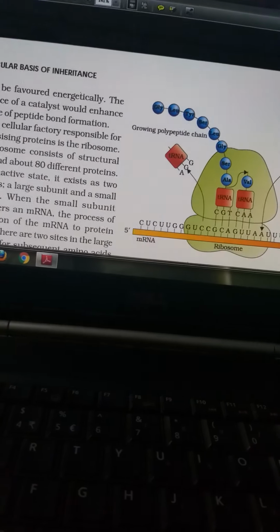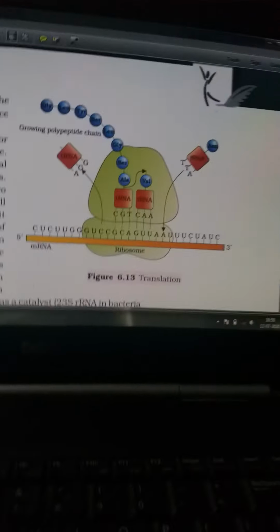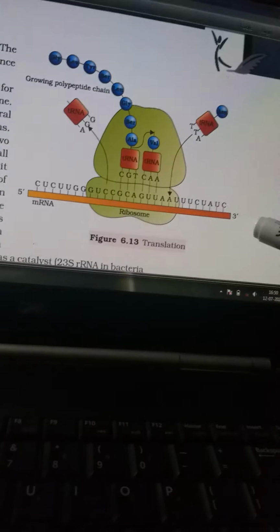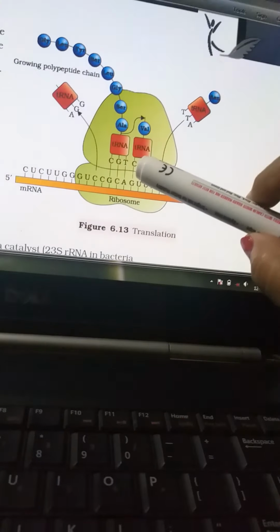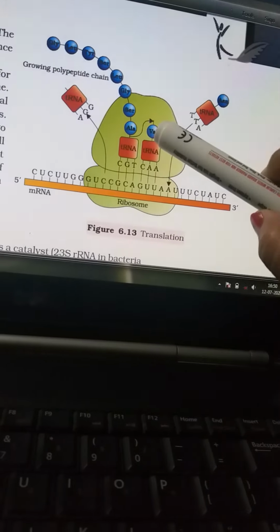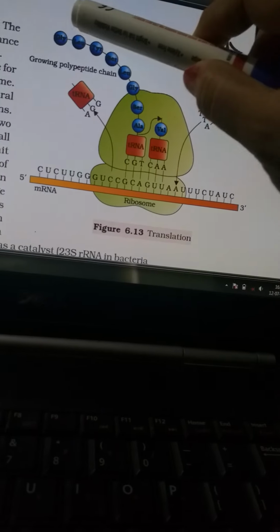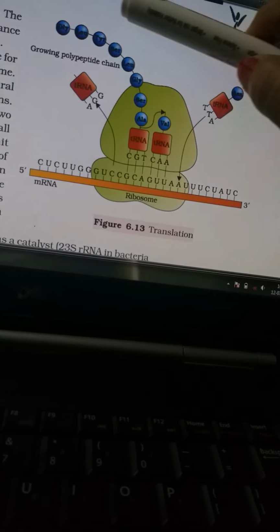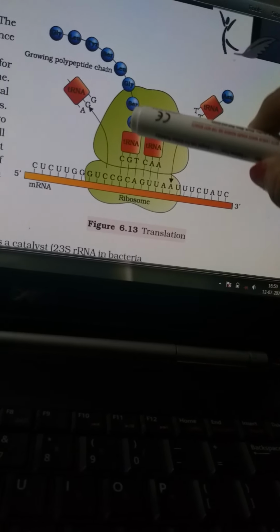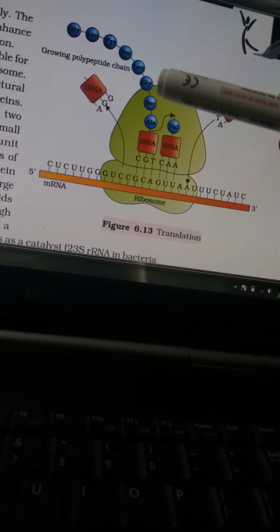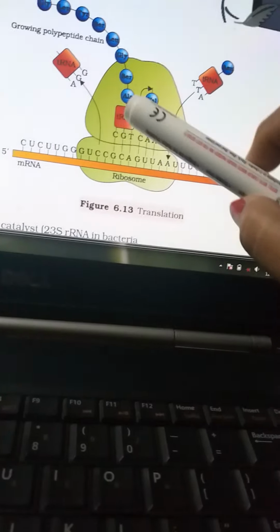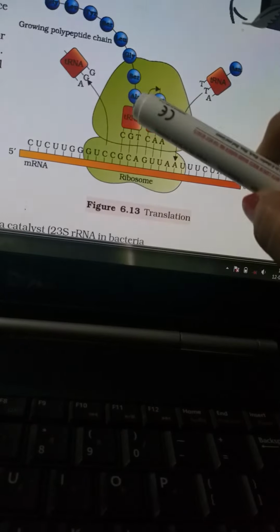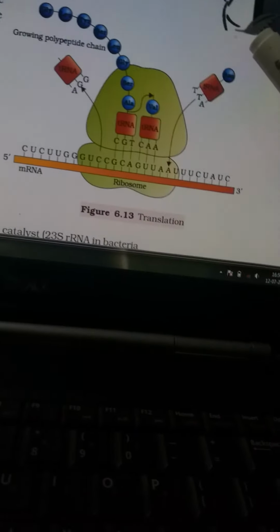Now you will see this figure, it is more specific. See, this is the mRNA, this is the tRNA coming, and this tRNA is coming, and see here there is a protein attached to it. So that is glutamic acid, trypsin, these are different proteins, you know, these are joined together by a polypeptide chain. So this comes, and here after it gives its amino acid, it is free and goes away.